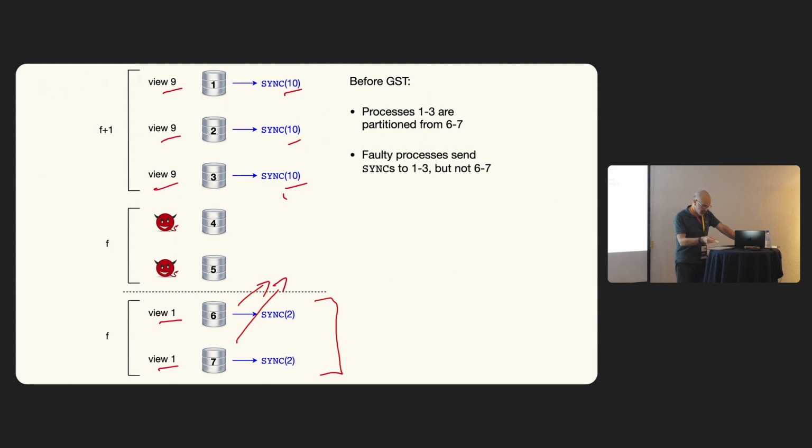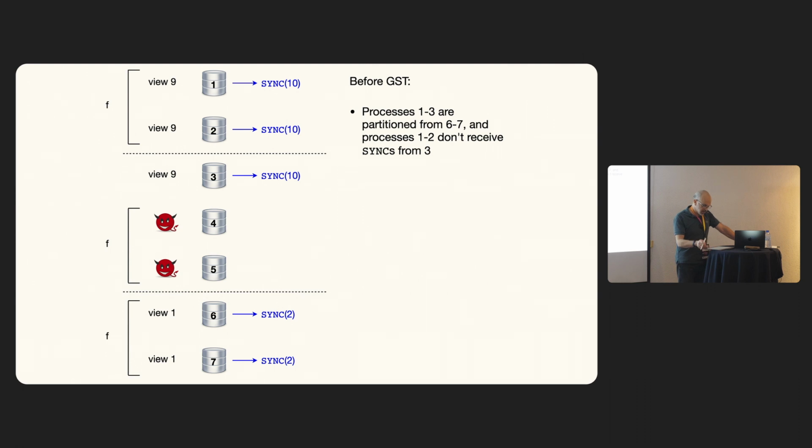What these two bad guys can do is essentially support these processes and allow them to enter view 10, and they can cause them to enter any view they want, and then some process here can attempt to enter view 11.